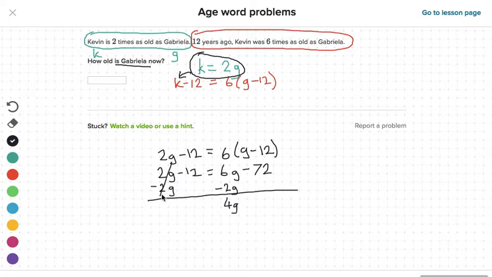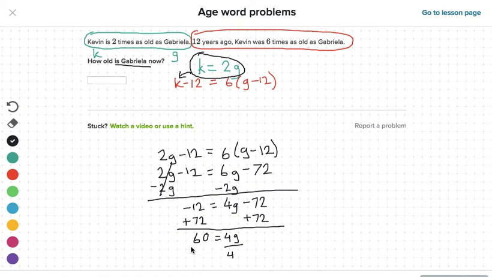Okay, those cancel out. We've got negative 12 equals 4G minus 72, and adding 72 to both sides gives us a nice useful 60 equals 4G. And we can divide both sides by 4, which gives us 15.